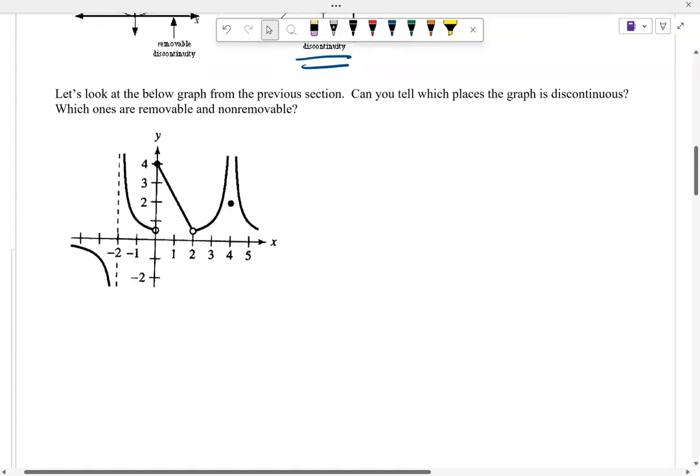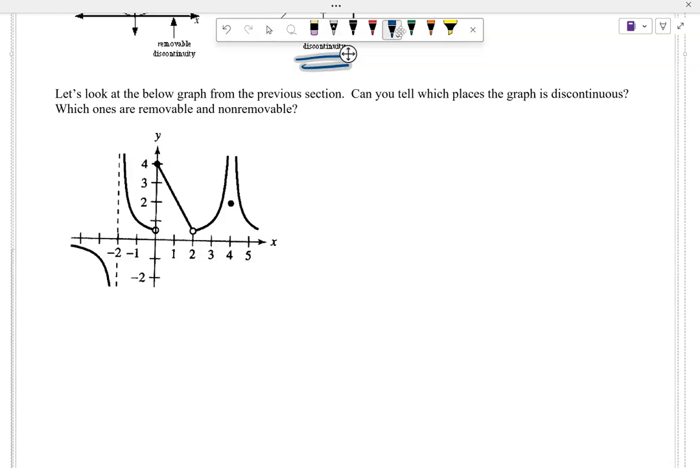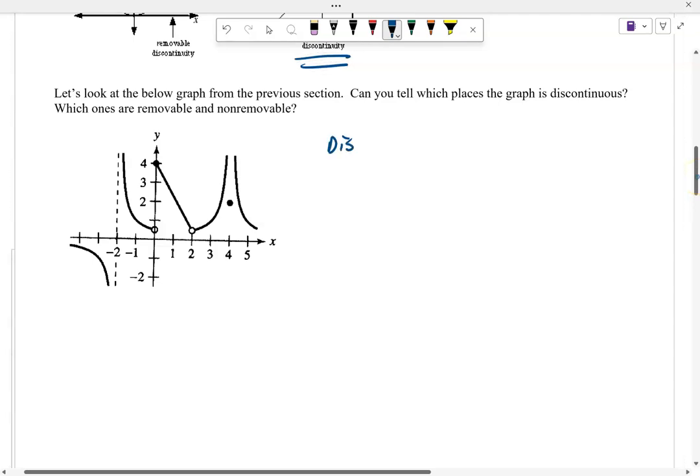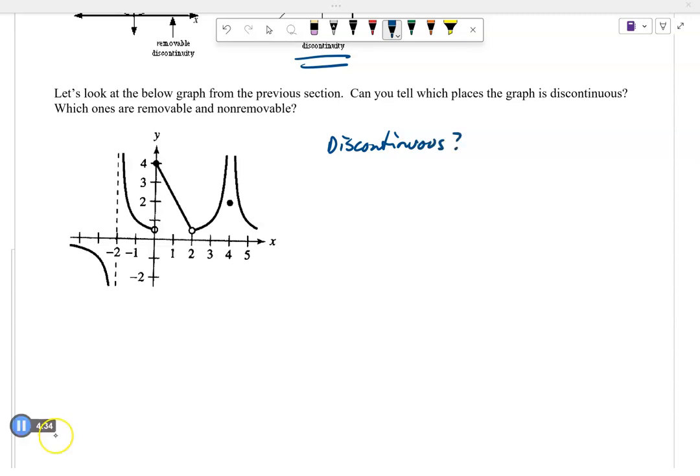All right, so let's look at the graph here. Part A, where are we discontinuous? I'm noticing on the graph we're discontinuous, in other words, where do I have to lift my pencil? At -2, discontinuous.